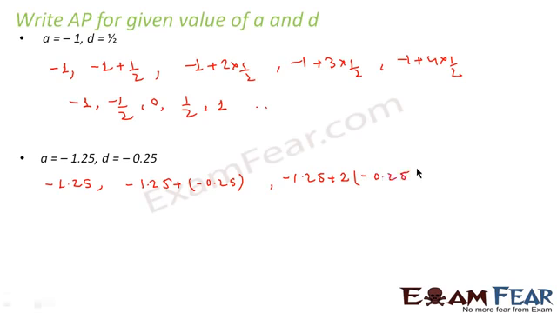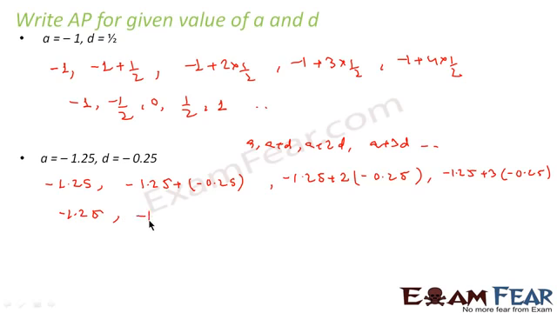Fourth term will be again minus 1.25 plus 3 into minus 0.25. What I am doing here, this is a plus d, a plus 2d, a plus 3d and so on. So the series will be minus 1.25, comma minus 1.5, comma minus 1.75, comma minus 2.0.